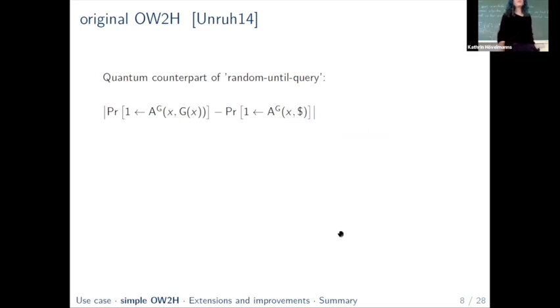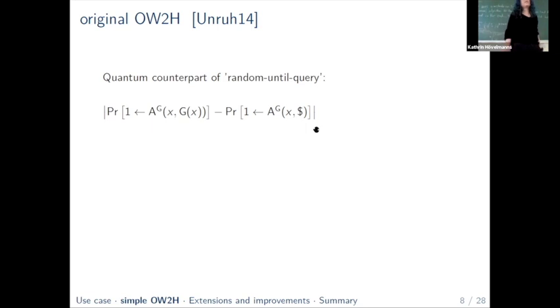So the original version is, intuitively, a quantum counterpart of random oracle query. What we have here is an adversary that's interacting with a random oracle G, and it obtains a particular pre-image or position, and either the random oracle value on this position or a uniformly random value.